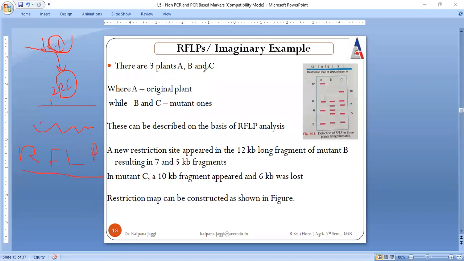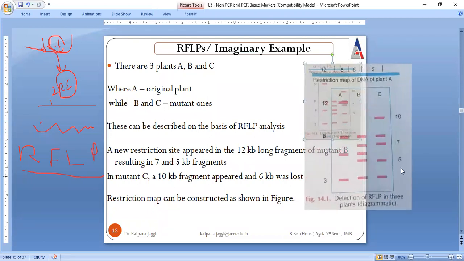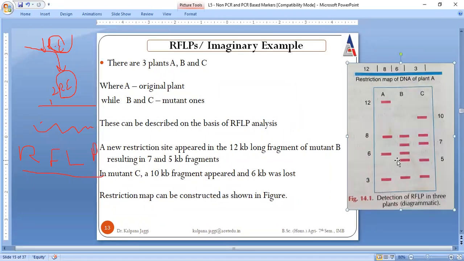Say the example is an imaginary example where we have three plants. Here we have three plants A, B, C. Out of these three plants, A is the original plant, and B and C are the mutant ones.